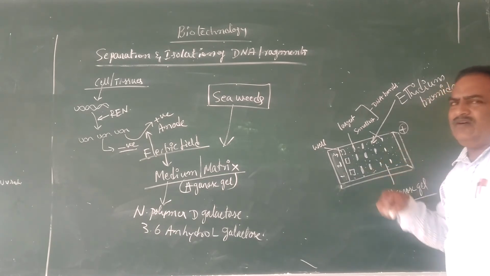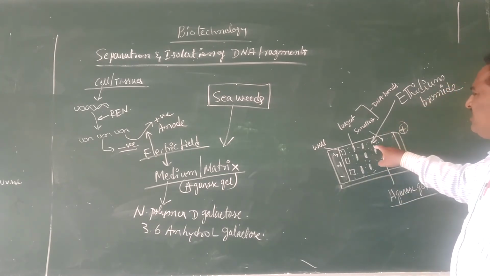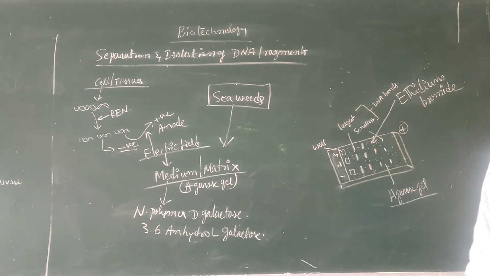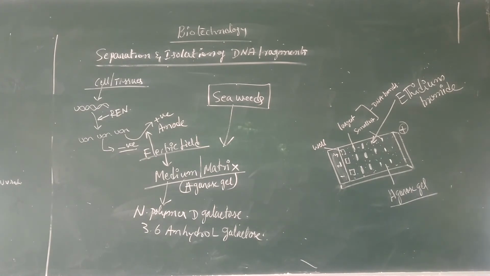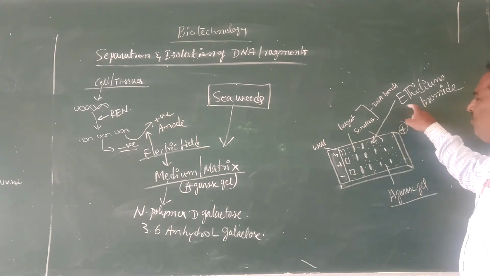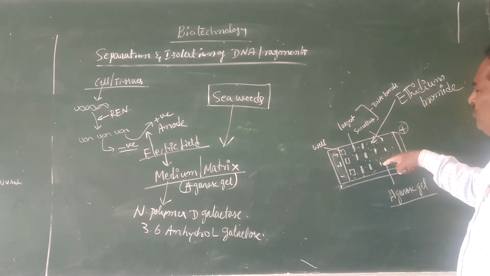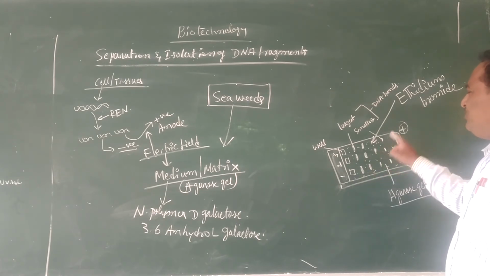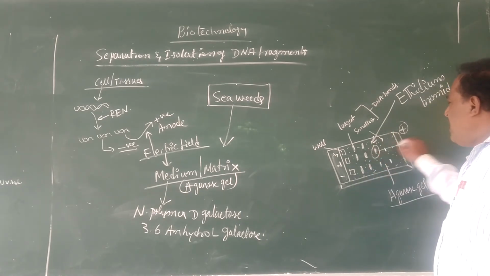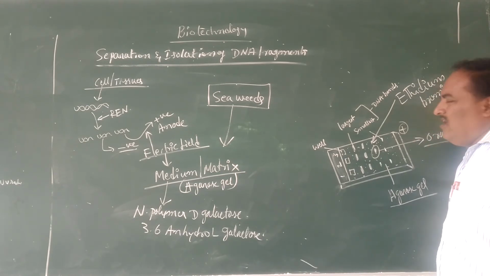Ethidium bromide is a chemical used to stain the separated DNA bands. Followed by exposure to UV light, the DNA bands are visible as orange colored bands.